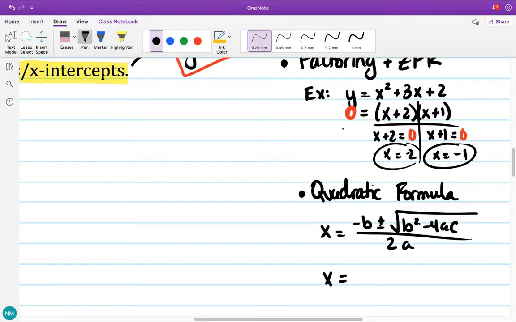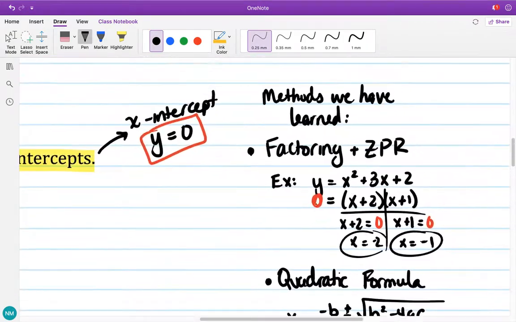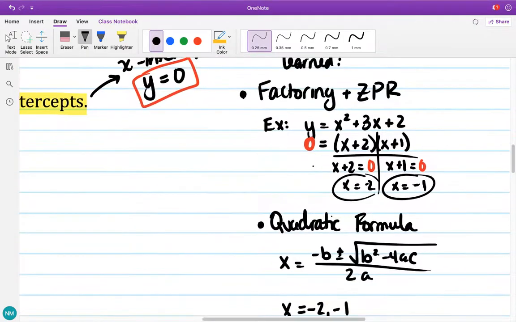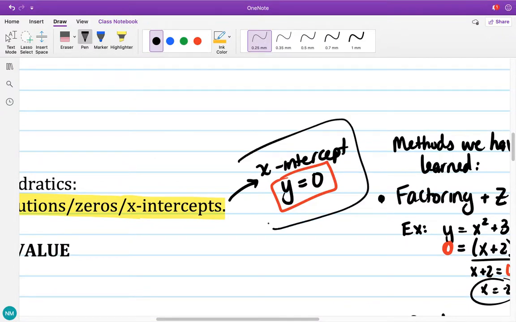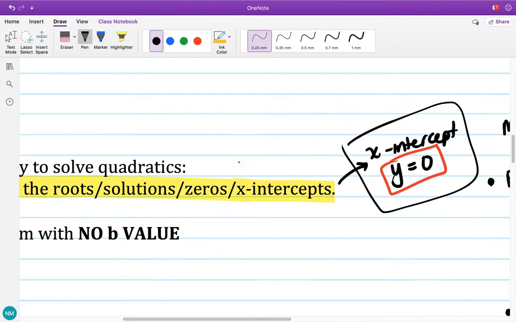If you plug this in, I'm not going to do it, you will get x equals negative 2 and negative 1. You can try it out, or you can take my word for it. But the point is that these are the two methods we've learned to solve, or we can graph it and then figure out what the x-intercepts are from there. But it's really important that we understand that when we're solving for x-intercepts, we have to make y equal to 0.